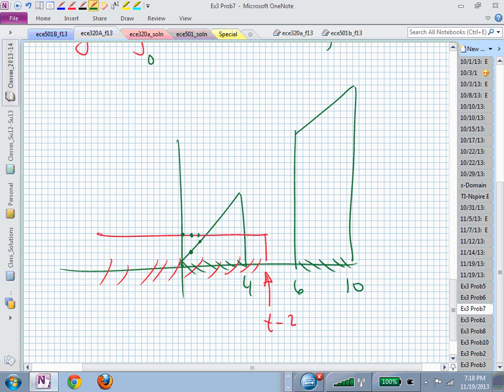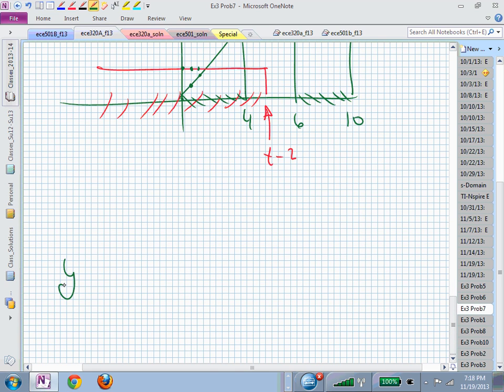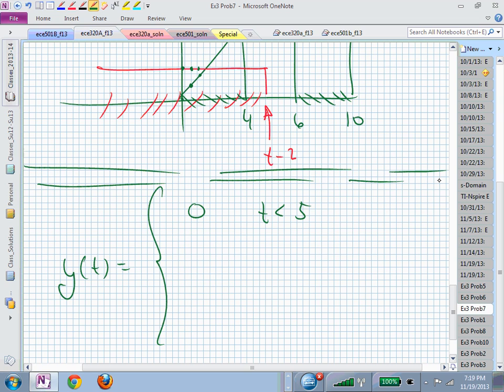If you had y of t equaling all sorts of different functional forms, let's say it was 0 for t less than 5. Oh, and this is a new problem. And maybe it was t minus 2 for t bigger than 5 and less than 7. I'm going to run into problems. That's not right, is it?